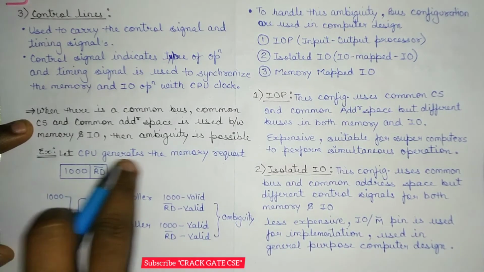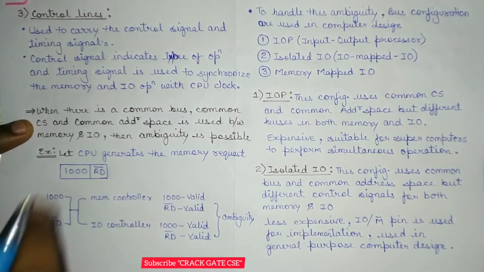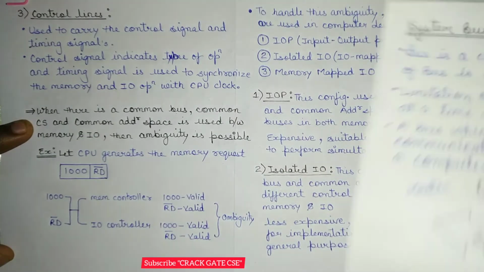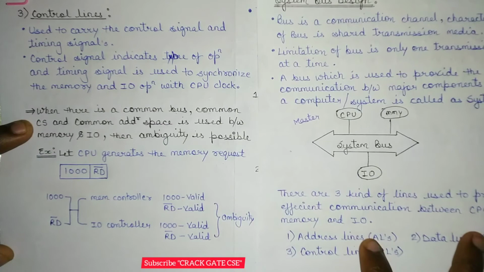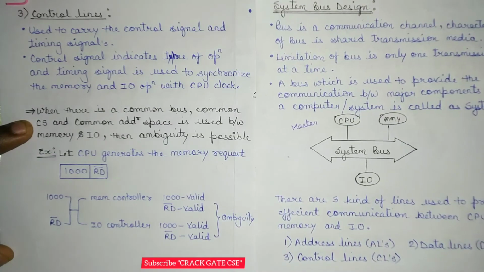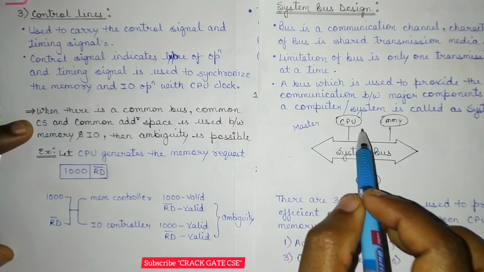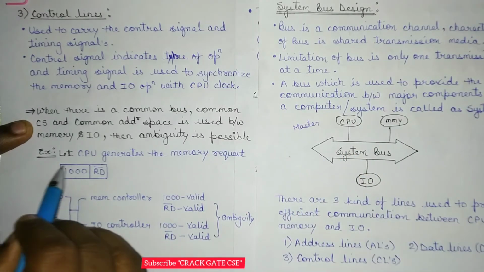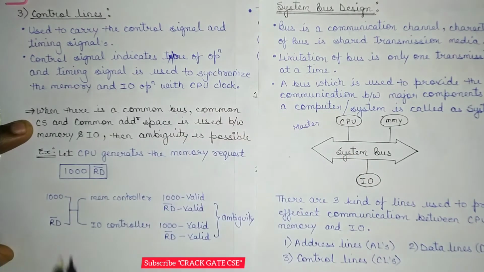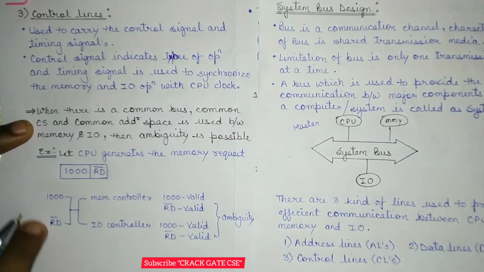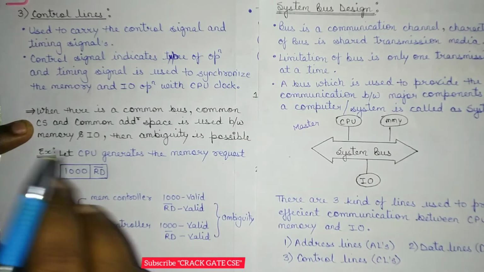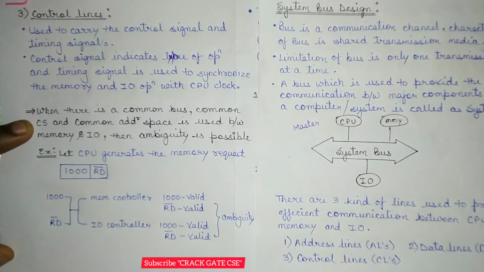Let the CPU generate a memory request as 1000 RD. Let me just keep it here for a while so that you can easily watch what is going on. Here we are having these three components, and the CPU is generating a request to access the location 1000 and to read that data. Now we are converting this particular instruction into a readable form, and we are transferring it to the common address space.